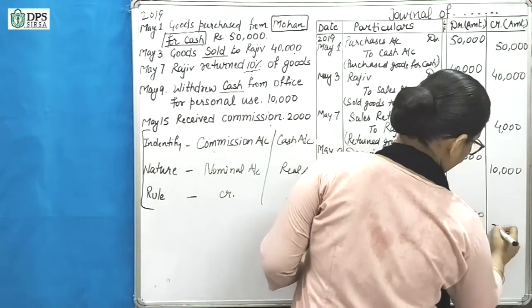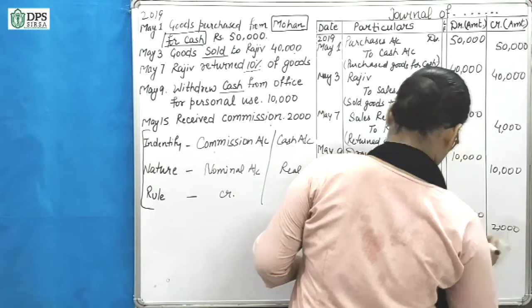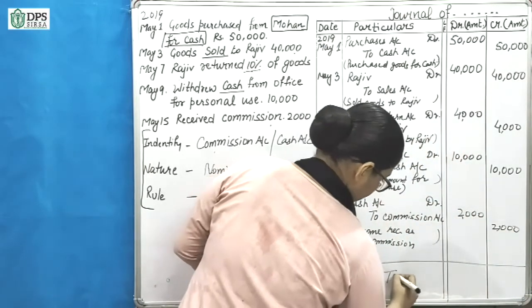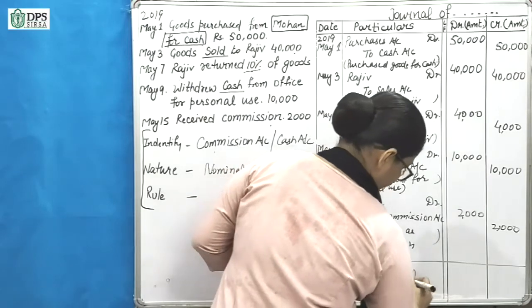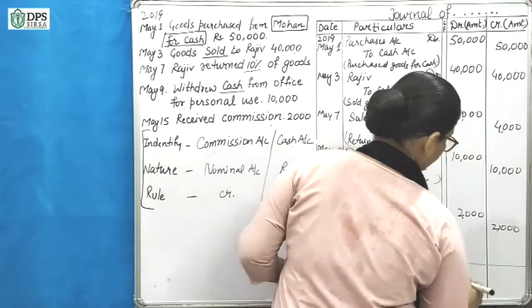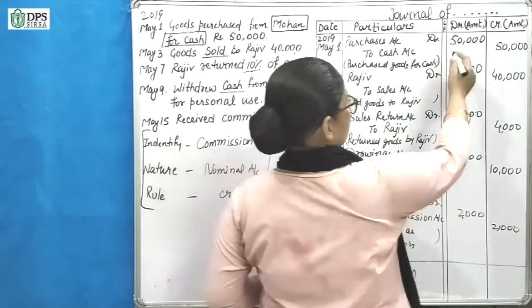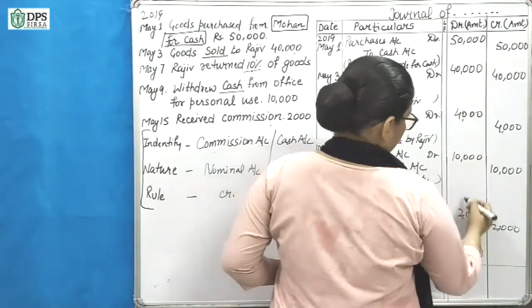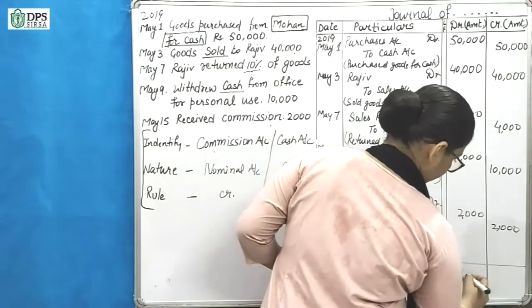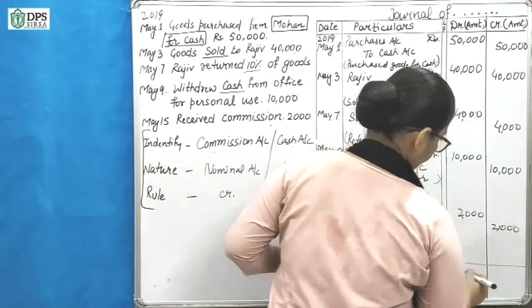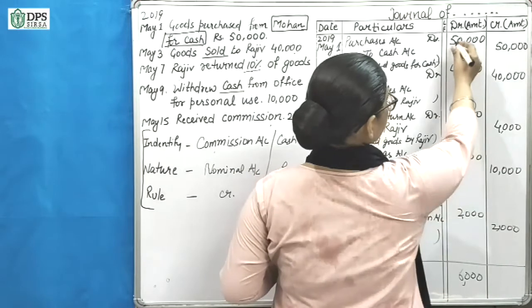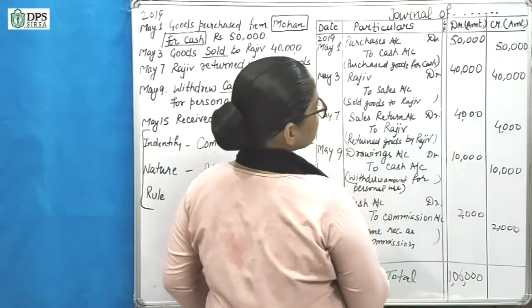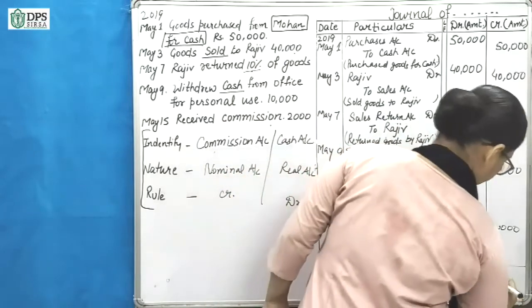So we will make the total here. After every question, the total is compulsory. So here the total is 1,06,000.